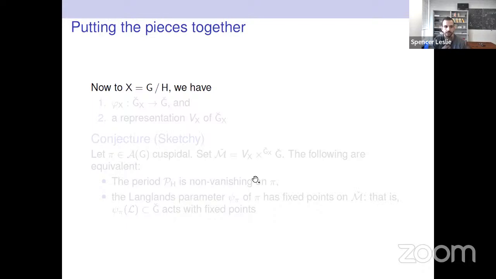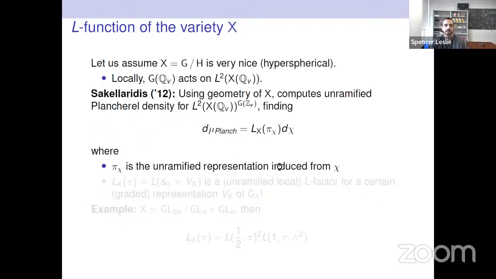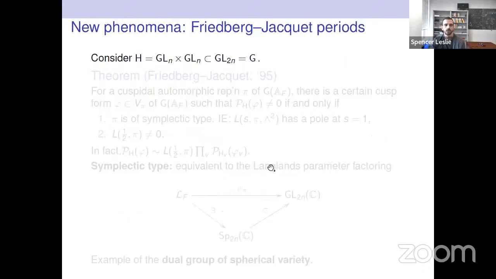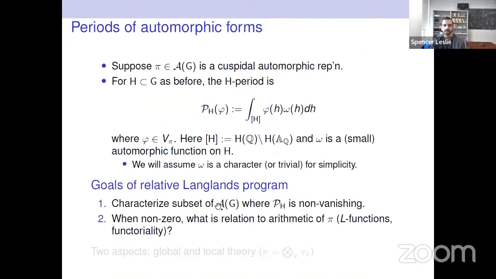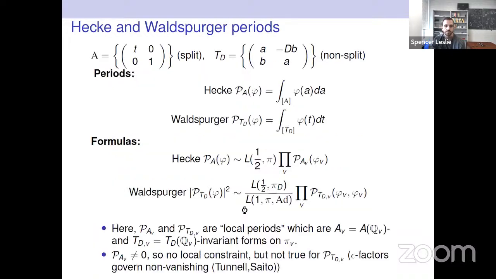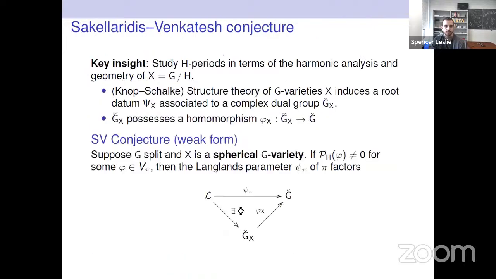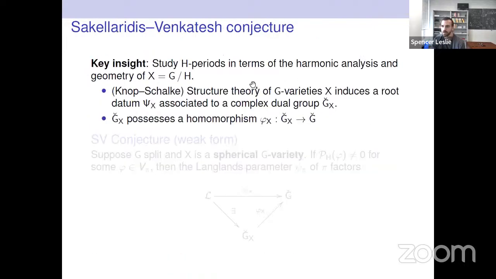So putting the pieces together, going back to our goals, we want to give a characterization for the set of automorphic representations where the period is non-vanishing, and we would like to understand the relationship to L functions when it's non-zero. And so this is very far from being known in general, but we have the following pieces of data coming from the harmonic analysis and the geometry of the variety.